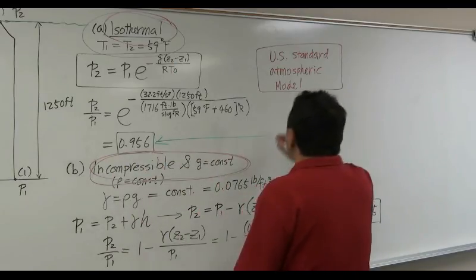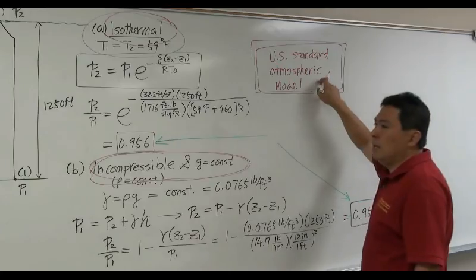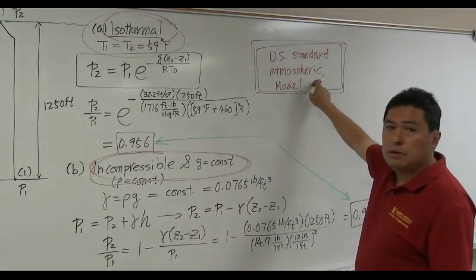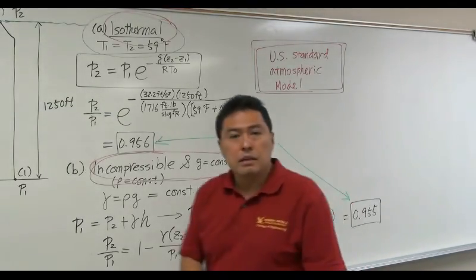Okay. So we are going to run this model, and typically in L1, L2, we are going to use this model to figure out what is the pressure for a given altitude. Okay, that's it.